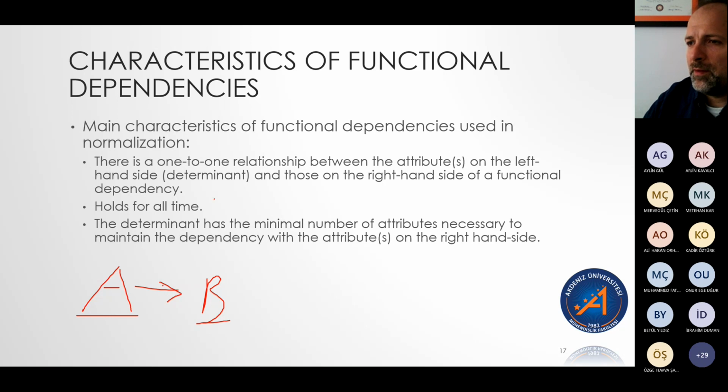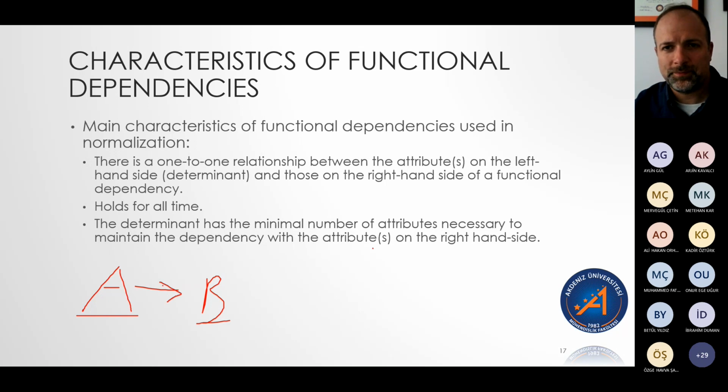The determinant needs to have the minimal number of attributes necessary to maintain the dependency. So we don't want to add in extra attributes unnecessarily. Are we clear on full functional dependency? If I have multiple columns on the left when I don't need them, that's called a partial dependency.